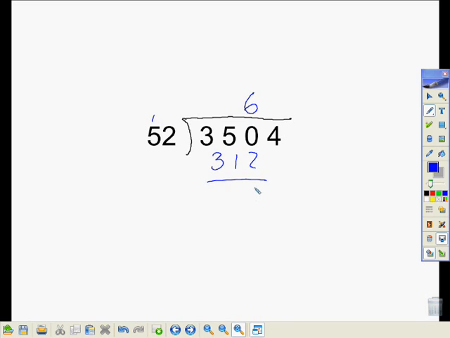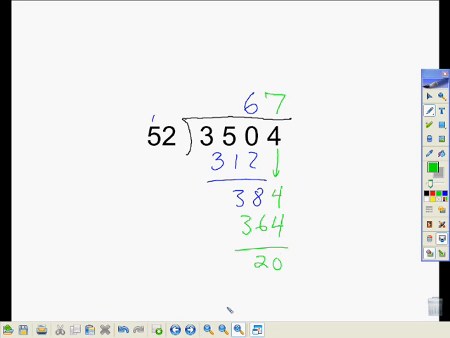And then we could subtract and get 38. Then we would bring down the 4 and kind of go through that process again. 52 into 38, probably about 7 times, because 50 would be 35. Check it, you get 14, 36, and then we're left over with a little bit.